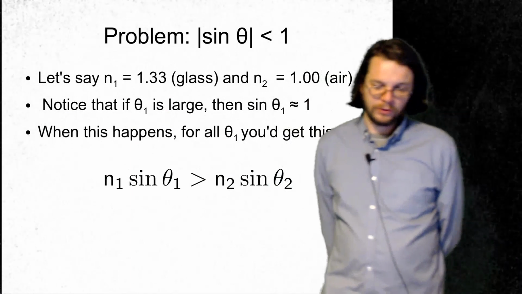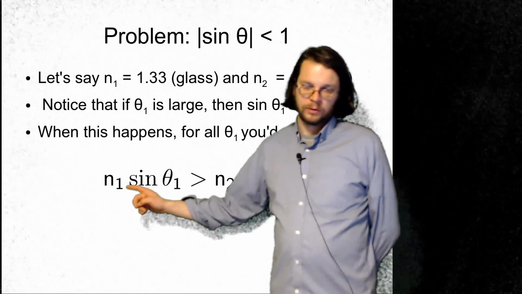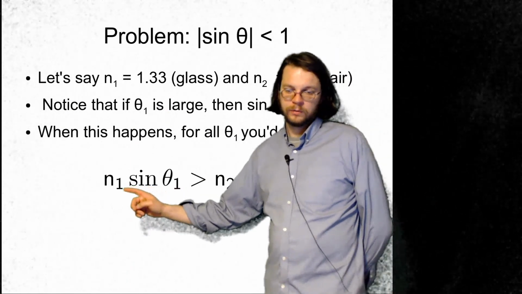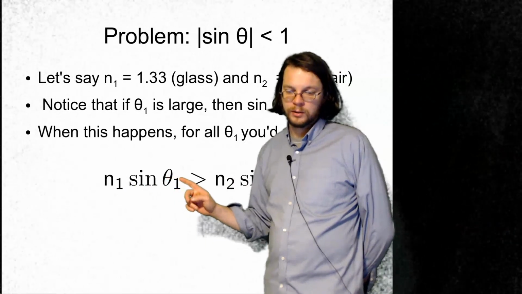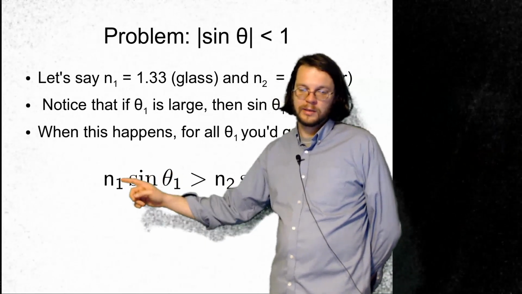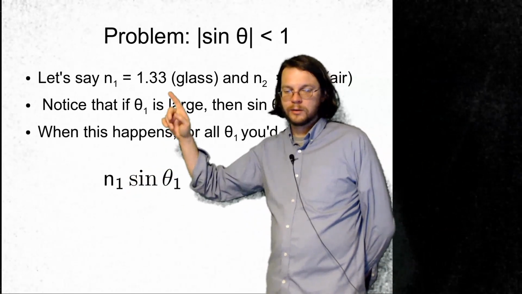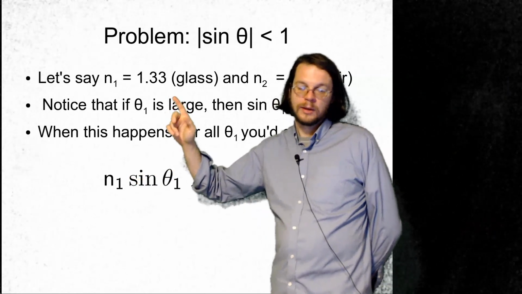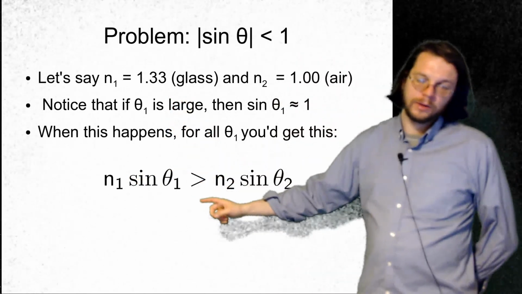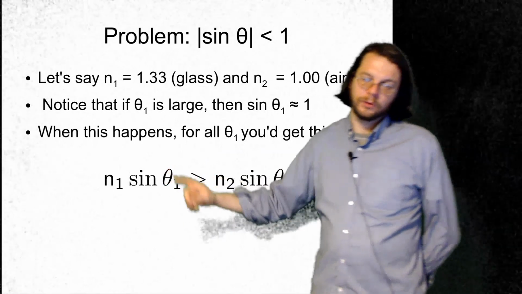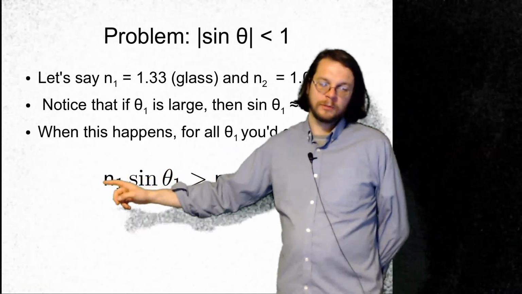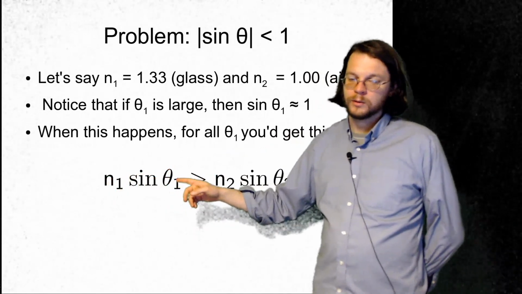is large enough, then you get a situation in which, if n1 is large and if theta 1 is large, then this times this. So for example, if glass is 1.33, and let's say that theta 1 is very large, so that the sine function is close to 1, so this becomes 1.33 times 1, that's 1.33.